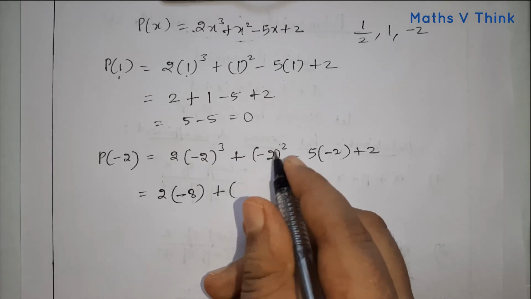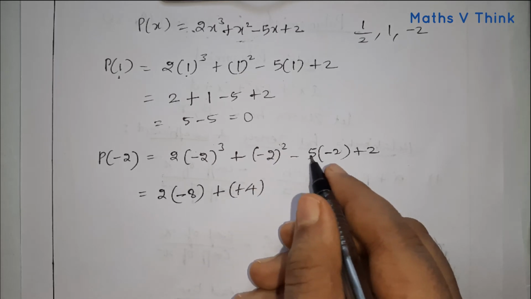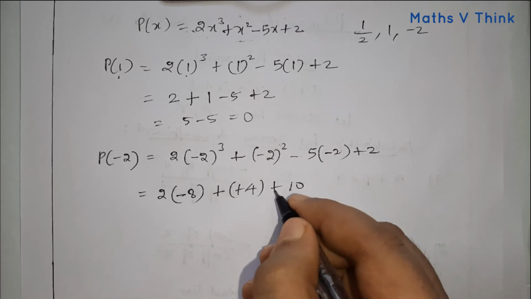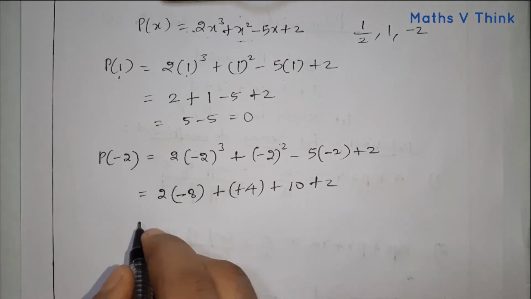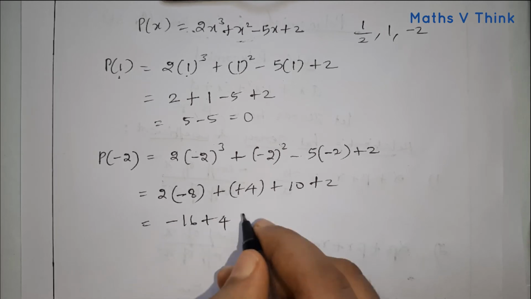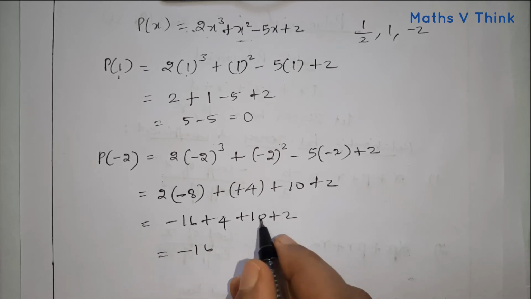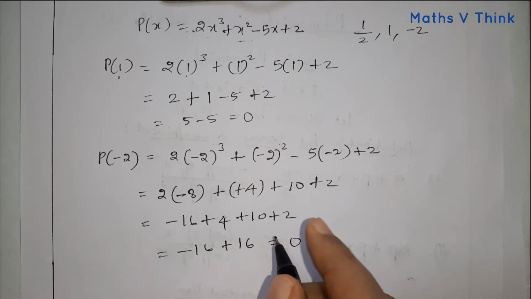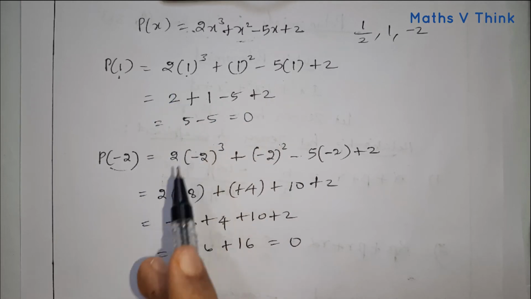Same way 2 square is 4, and minus 5 into minus 2 is plus 10, because minus into minus is plus, and 5 twos are 10, and plus 2. Same way 2 into minus 8 is minus 16 plus 4 plus 10 plus 2. So minus 16, 10 plus 4 is 14, 14 plus 2 is 16, so plus 16, which is equal to 0. So I can tell minus 2 is the zero of the given cubic polynomial.